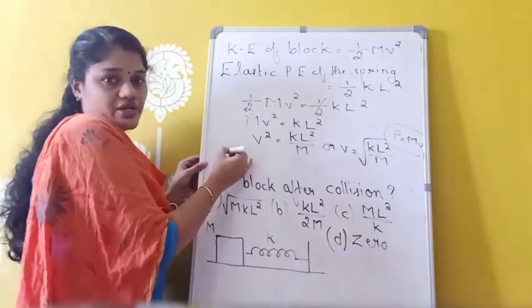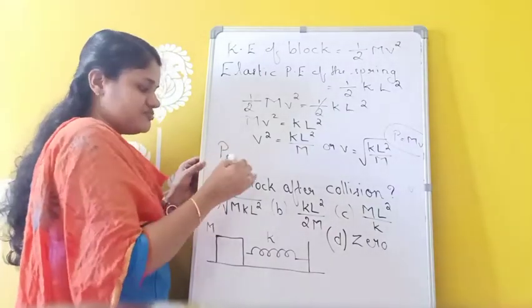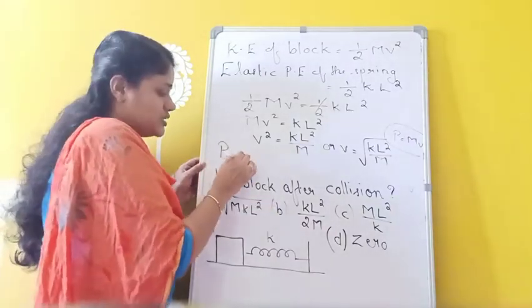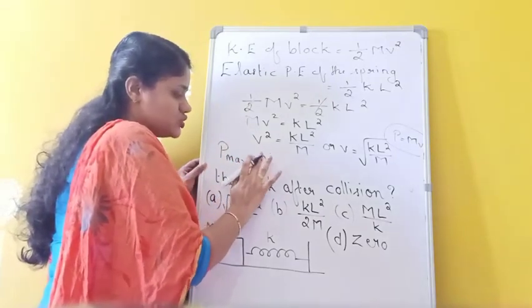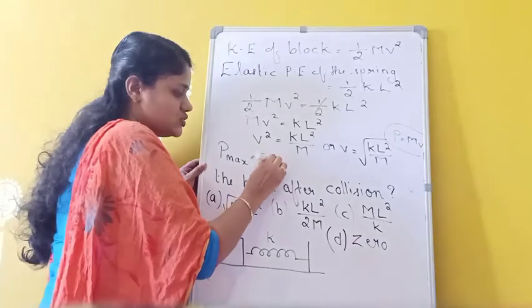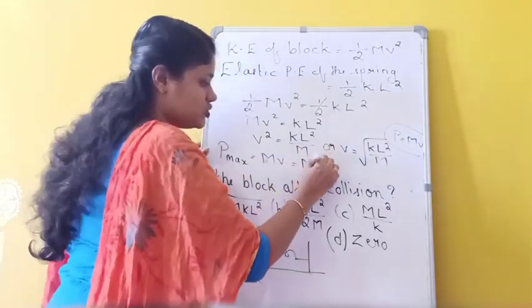Then what we have to find out? Maximum momentum of the block after collision. So maximum momentum P maximum equals mass M into velocity. That means M into, what is the velocity here?